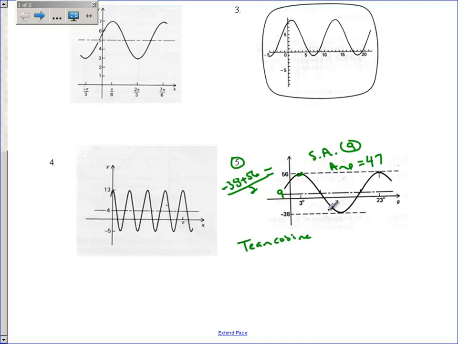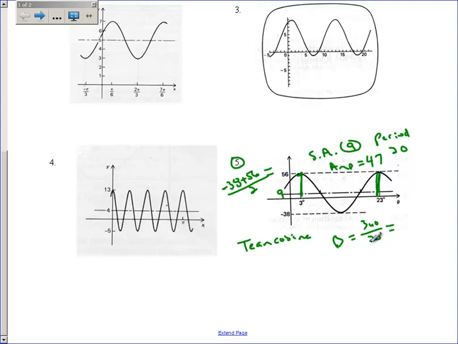Okay, then what I need to figure out is what is this period? How far is it from 3 to 23? That is a period of 20. So that means that my B is going to be 360 divided by 20, which works out to be, what?